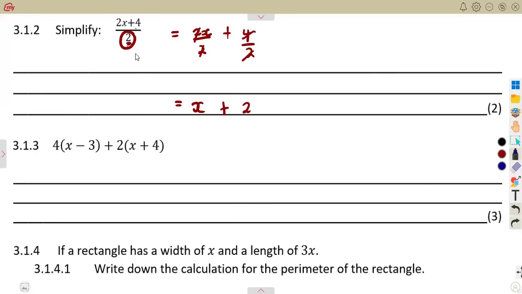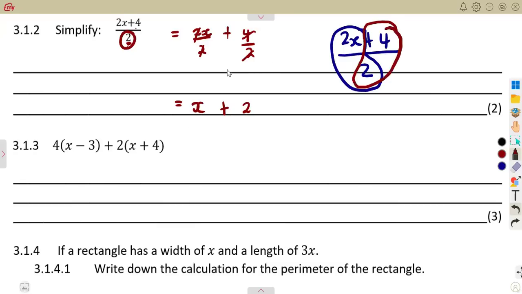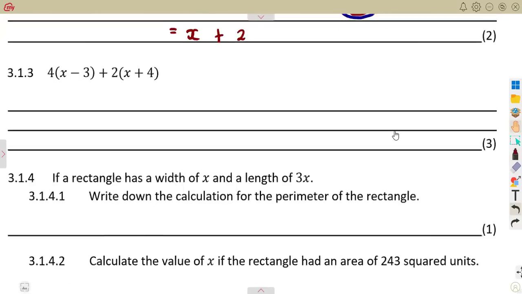So given a single term in the denominator, you can simply separate 2x plus 4 over 2. This is supposed to be affecting 2x, and 4 also is supposed to be affected by the same 2. Separated like that. So that is the idea there.